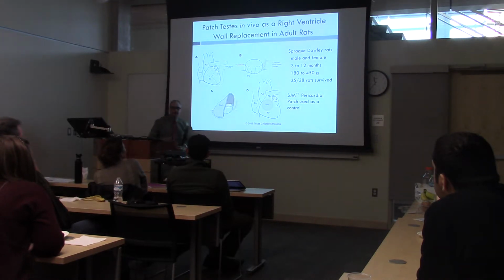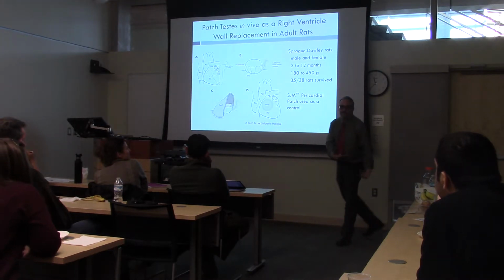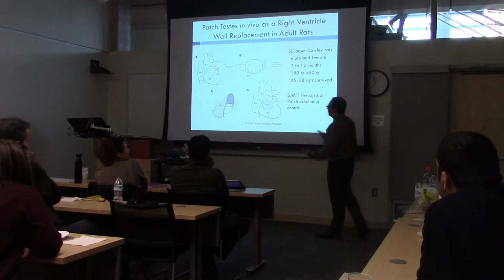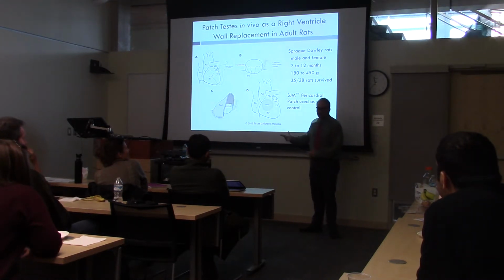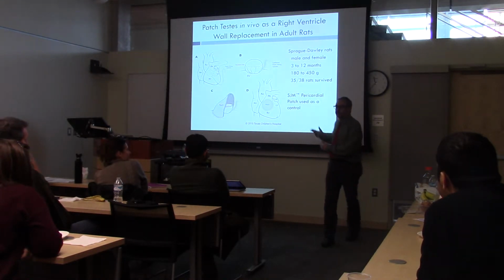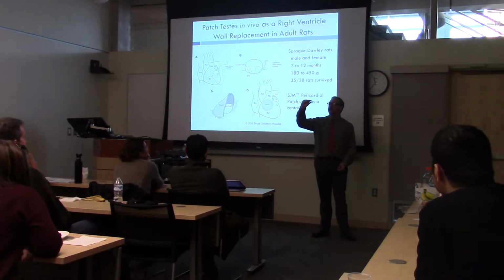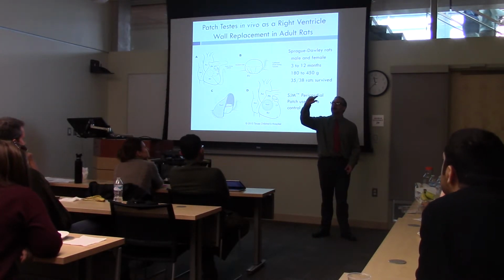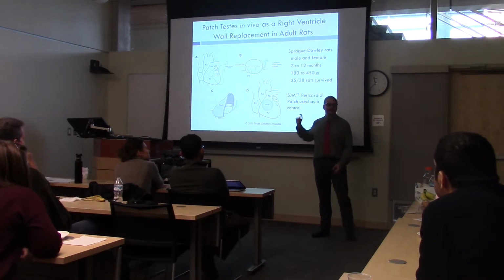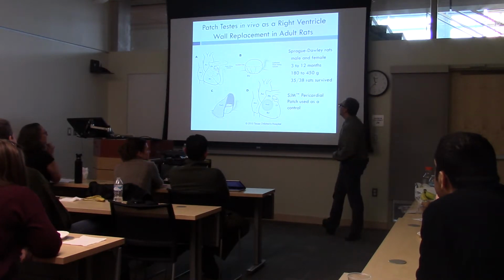So now we're going into tests of these in an in vivo model. The in vivo model we're using is a rat heart. If we're using cells, we're using athymic rats. Otherwise, we're using Sprague Dawley rats. The reason for that is that a mouse heart is about this big and a rat heart is about this big, so you can do this surgery on a rat. We can't do it on a mouse, although the cardiac surgeon thinks we can.